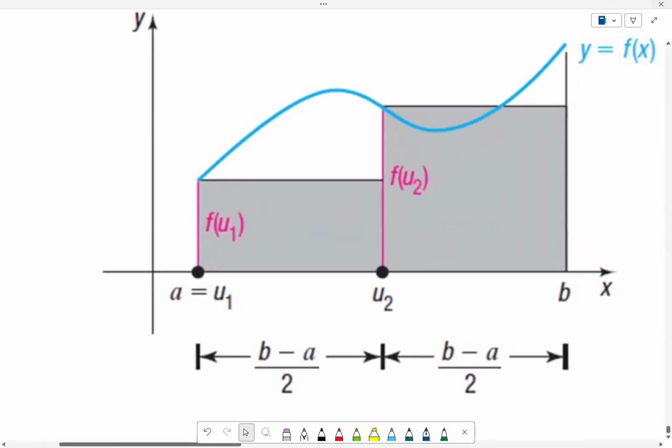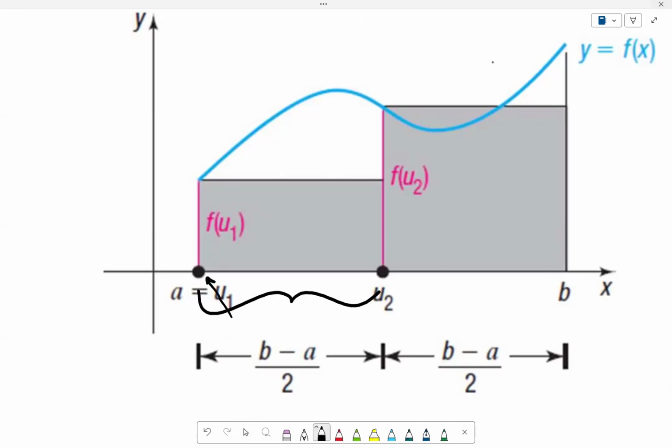I do want you to notice that the rectangles are not just a random rectangle within it. In this case, the heights of each rectangle are determined by one particular side of the sub-interval, specifically the side on the left. If you look at the left side, it's the left end of that sub-interval that determines the height.